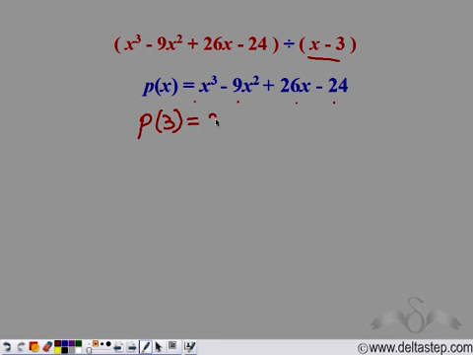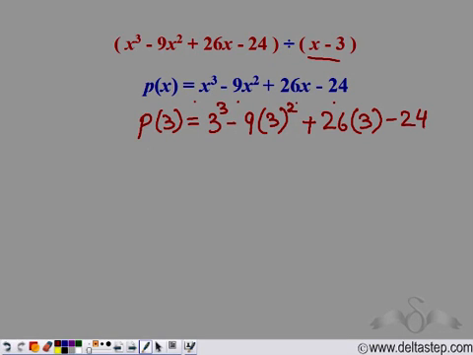x cube becomes equal to 3 cube, minus 9x square is 9 into 3 square, 26x is 26 into 3, and we have minus 24.